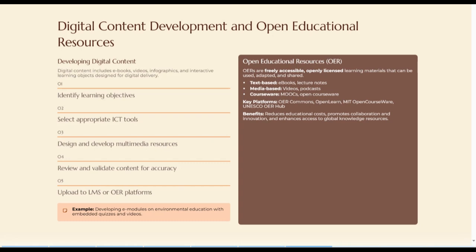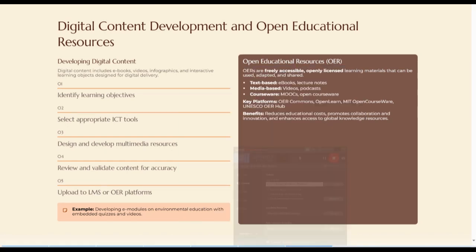And in order to develop such, we have 5 steps to follow. We look at identifying learning objectives. You must have your objectives. One primary thing you must always do is to outline your objectives for whatever you are doing.